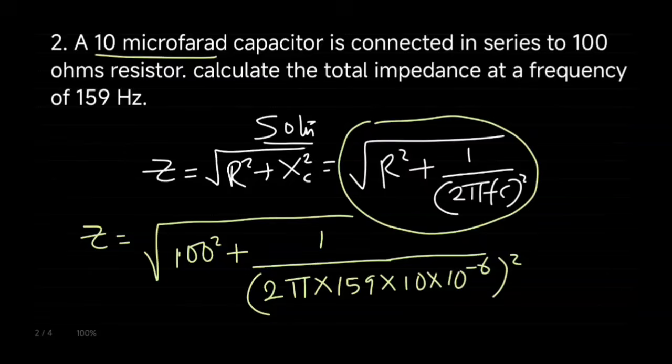If we use our calculator to do that calculation, our final answer will be given as 141.5 ohms. Please make sure you open up this calculation and solve this to get this answer. If this answer is not correct, drop the correct answer. If it's correct, type in the comment section that this answer here is correct.